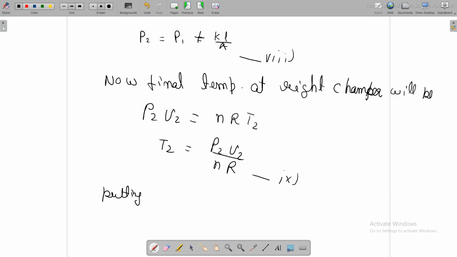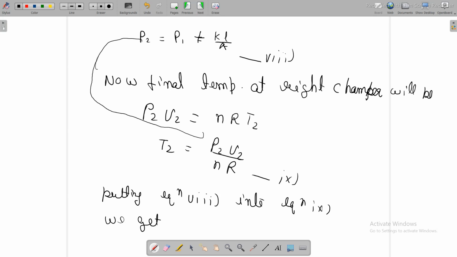Putting equation 8th into equation 9th, we will take out the value of P2 and put it here.